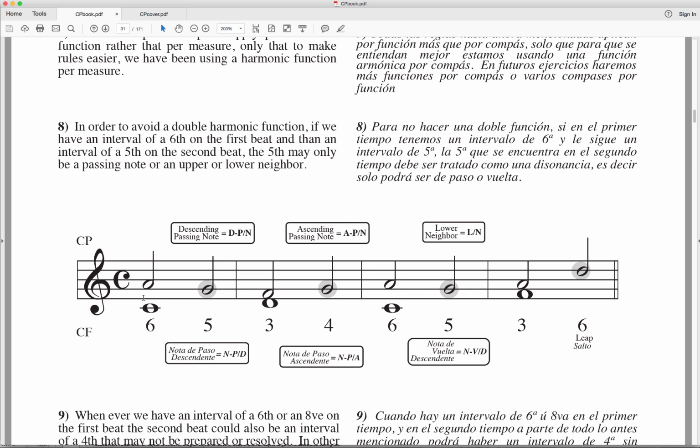And another thing that I like to mention, when you have a 6 on the first beat, and then you have a fifth, and it's gradual, this fifth does not really belong to the function, because this chord, if we were to have a chord, even though we only have 2 notes, there's a chord right there.